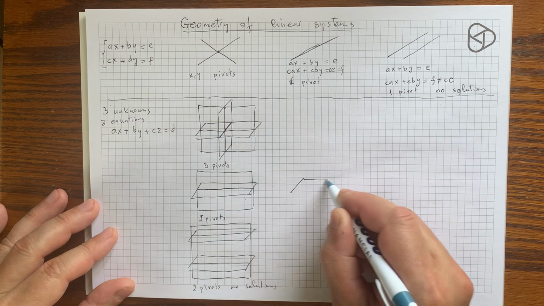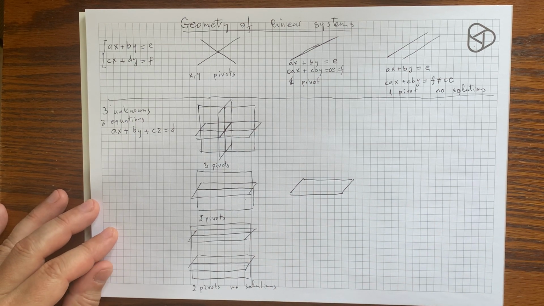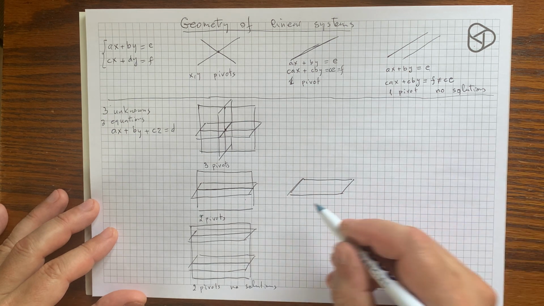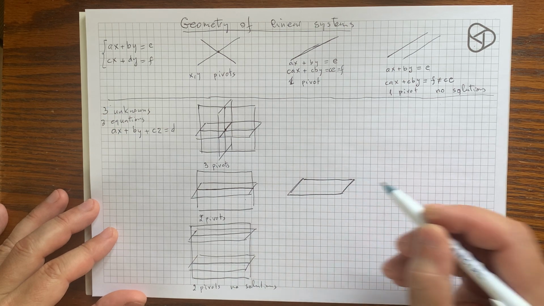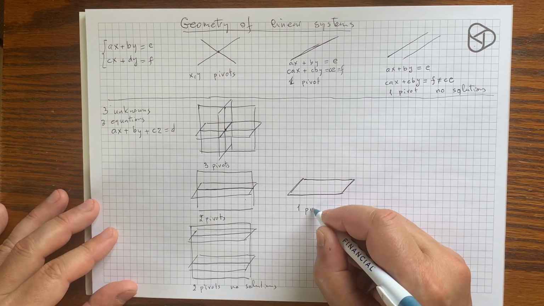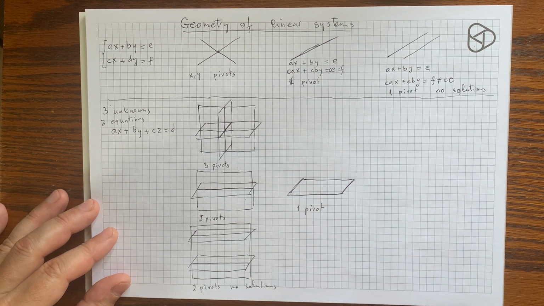So that will be giving us total coincidence of the three equations. All the three equations are proportional, and that will correspond to just one geometric plane. So we'll have one pivot, and the remaining two free variables will be determining the position on the plane.